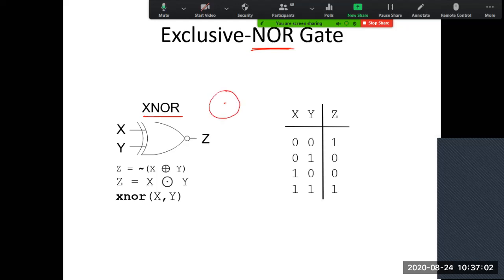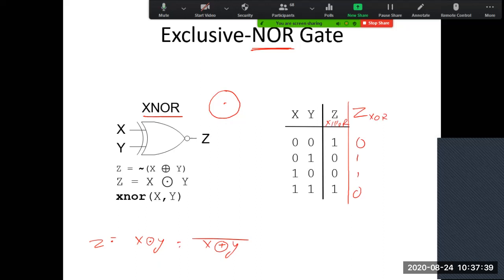I can represent Z as X XNOR Y. Basically, XNOR is the complement of your previous table. Previously, for XOR, when the two inputs are different, you are getting 1, and in other cases you are getting 0.